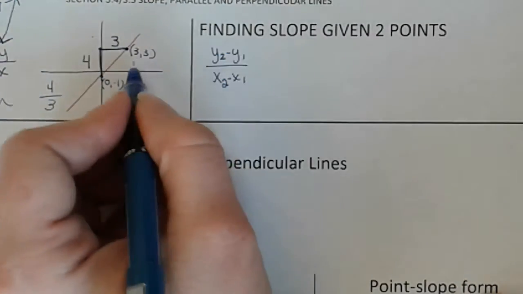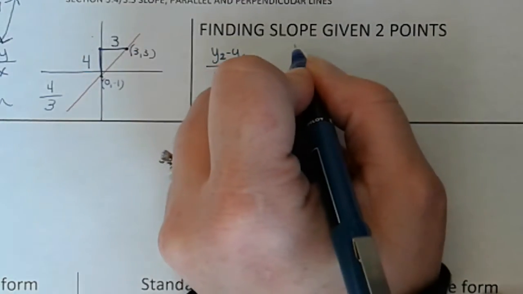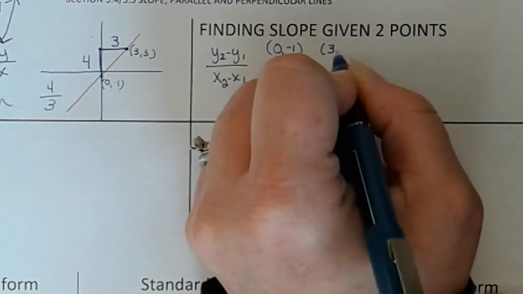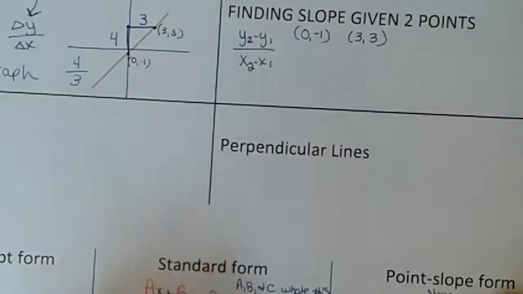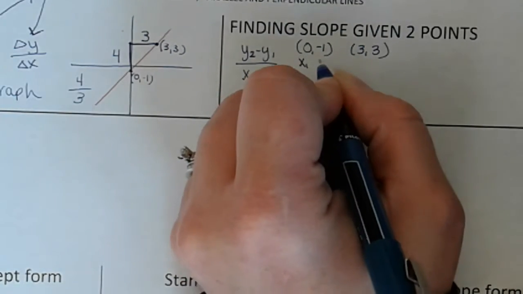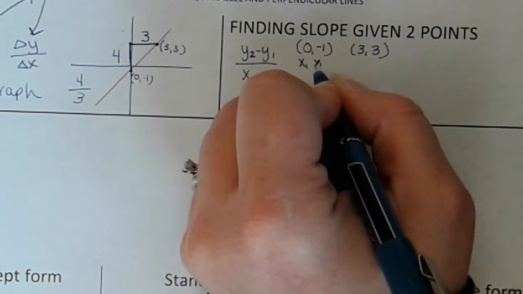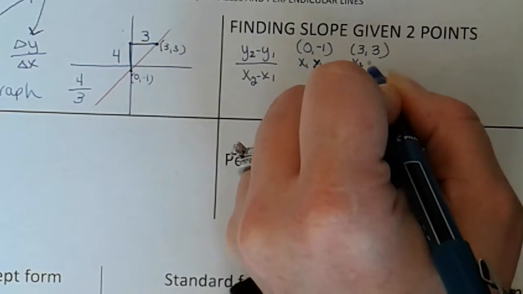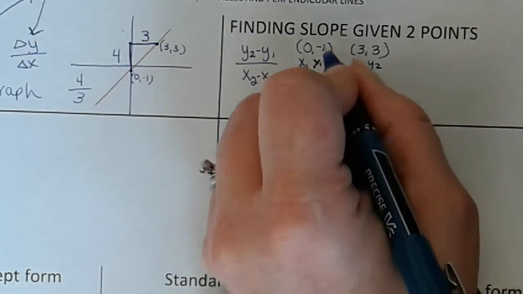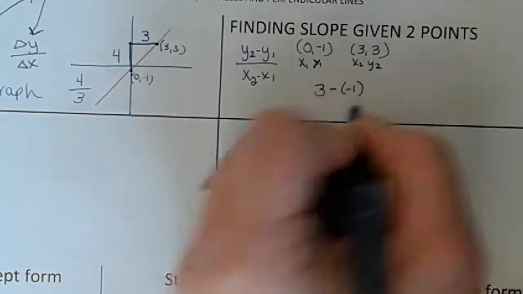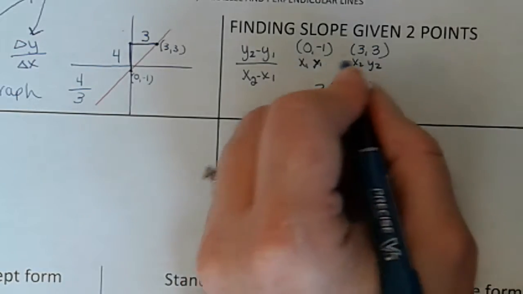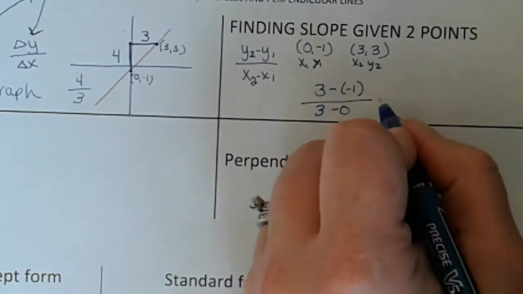So for this one, our 2 points are (0, -1) and (3, 3). We could take x1, y1, and x2, y2. So we're going to take y2, which is 3, minus y1, which is -1, over x2, which is 3, minus x1, which is 0.